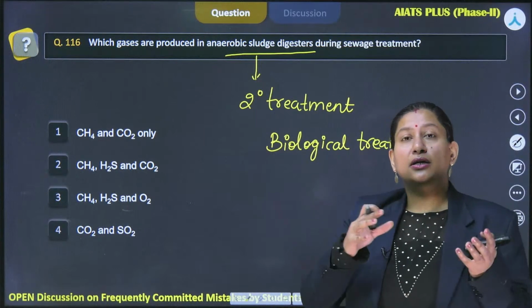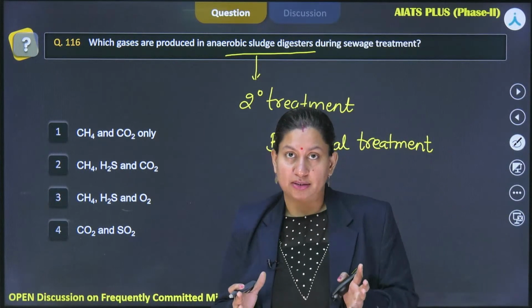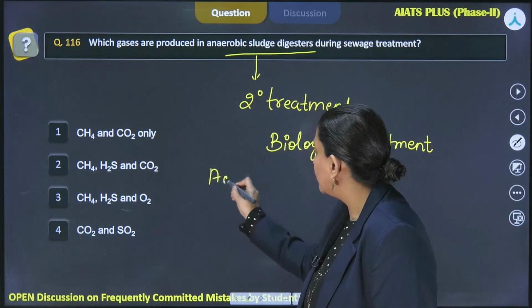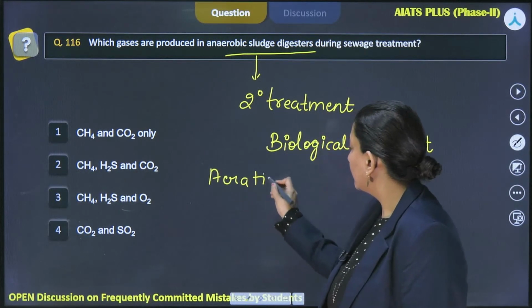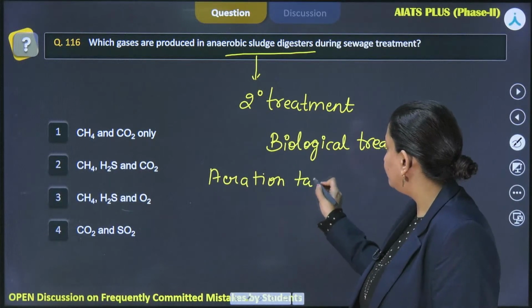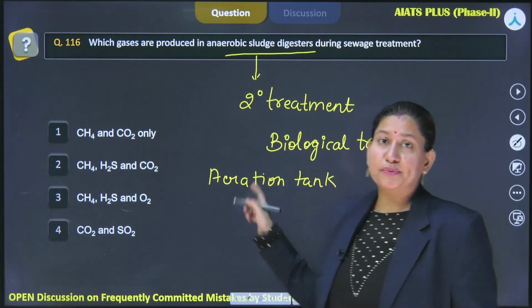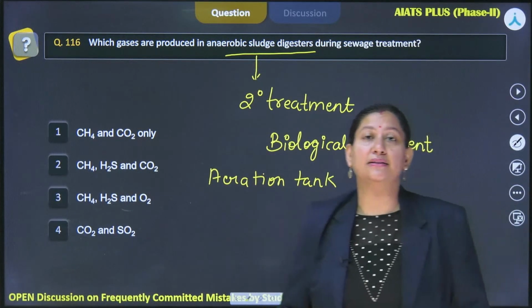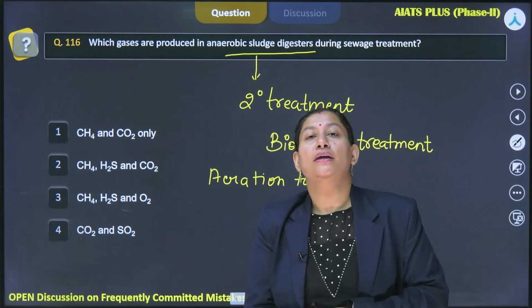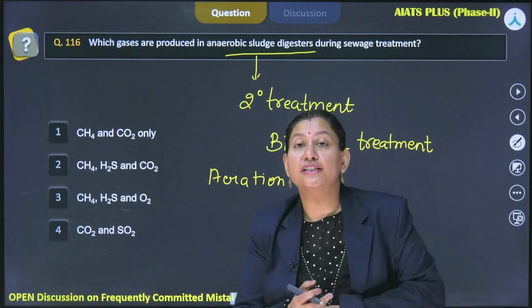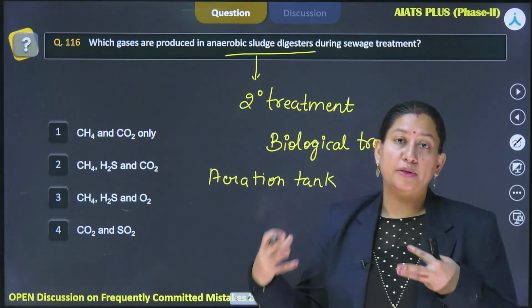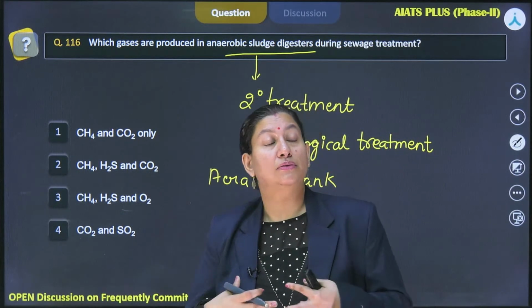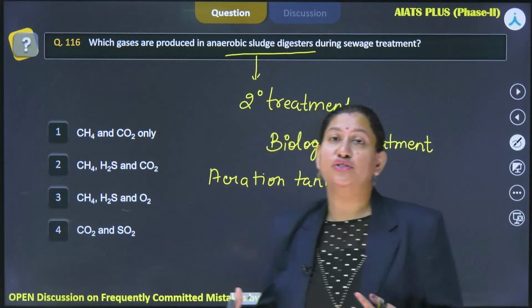After the primary effluent comes in for secondary treatment, it first goes to the aeration tank. During the treatment in the aeration tank, there will be aerobic microbes, considered as flocs, structures which have aerobic bacteria along with fungi. They are going to digest the organic material found in the sewage.